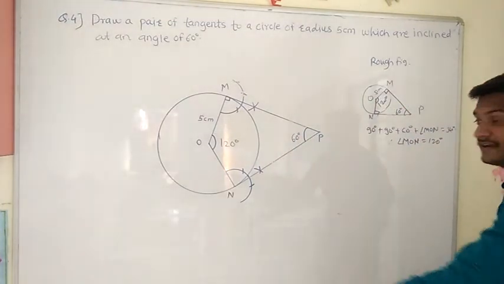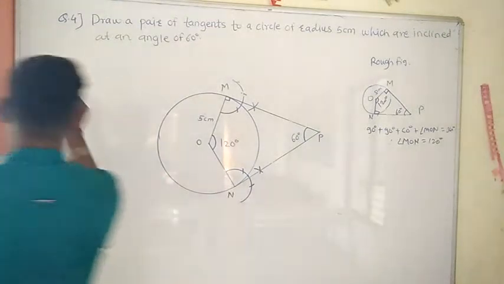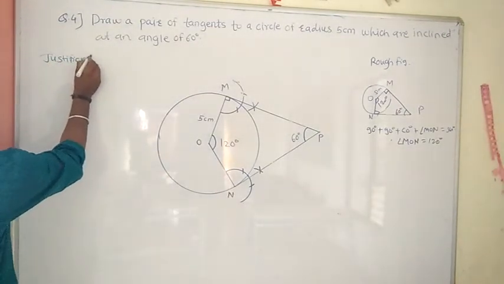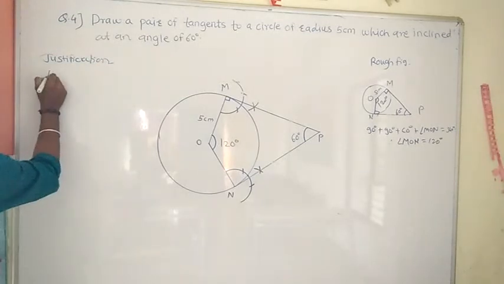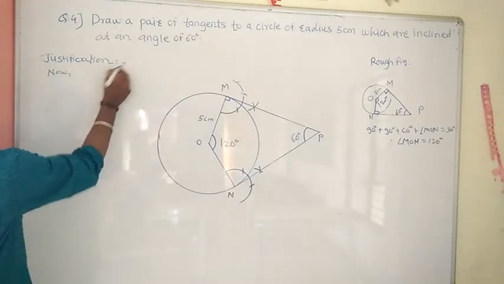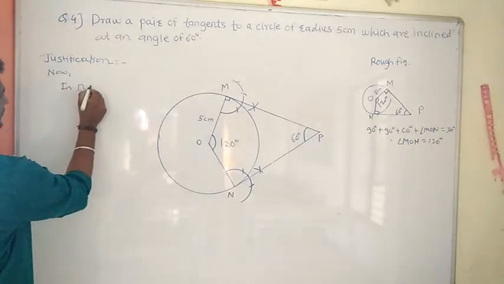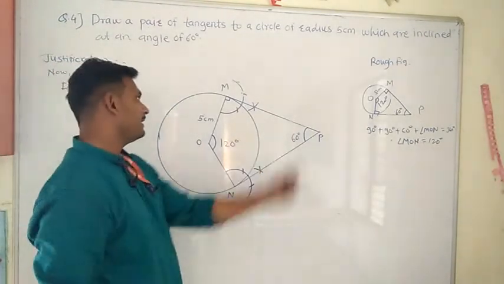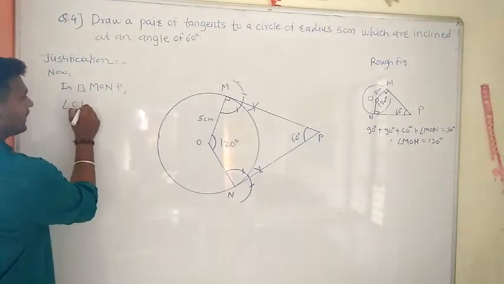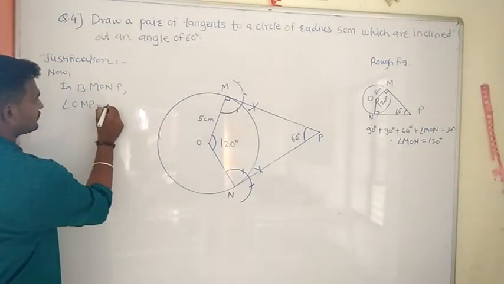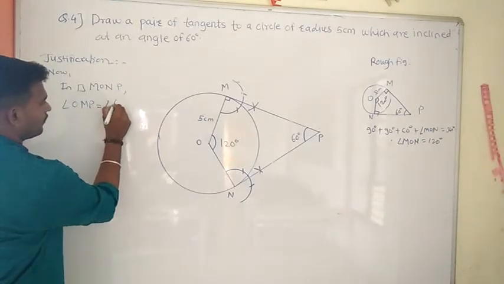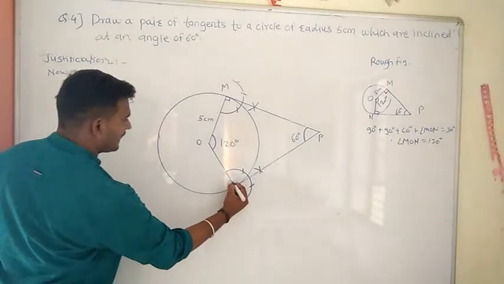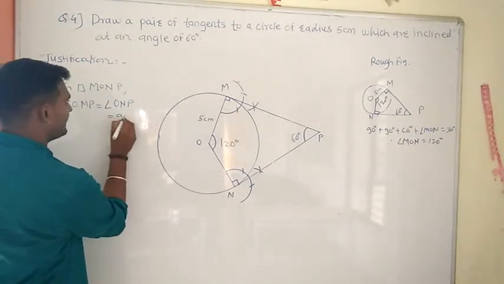Now we have to write justification also for this. Justification, see here. Now in quadrilateral MONP, angle OMP is equal to angle ONP, which is equal to 90 degree.